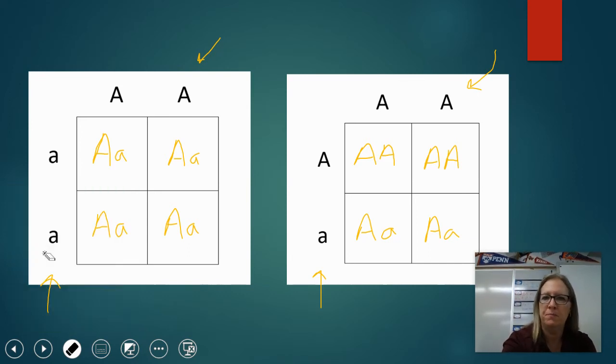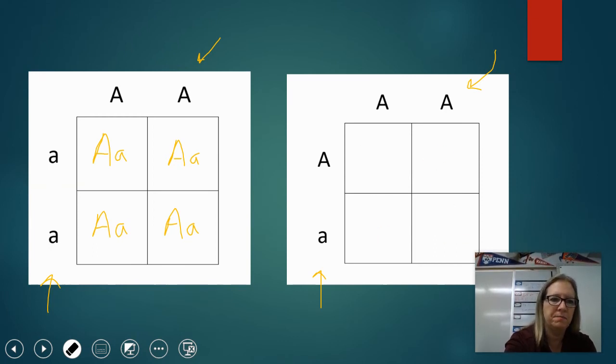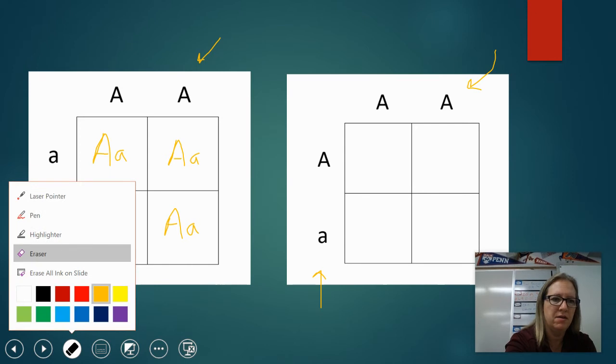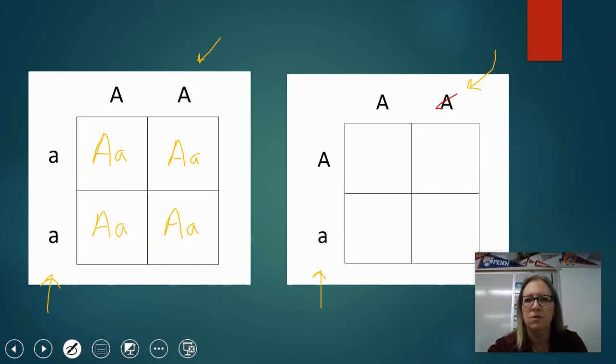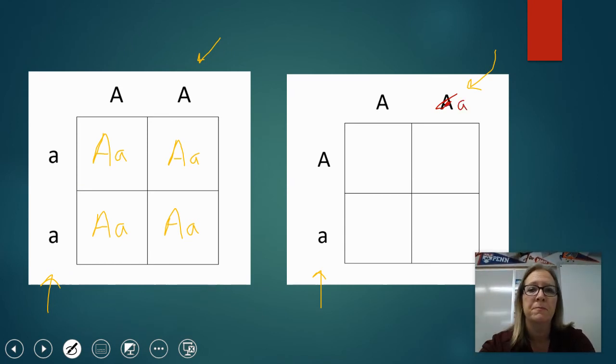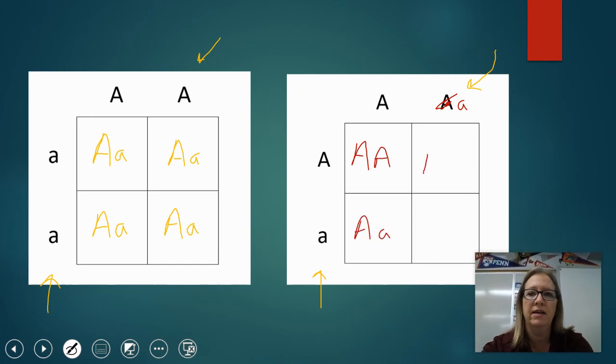So let me erase this real quick, and let's get back to the pen here. I'm going to use a different color. I'm going to use red. Okay, so let's imagine this is a lowercase a now. So I've got two hybrids. So I've got big A, big A, big A, little a, big A, little a, and then little a, little a.